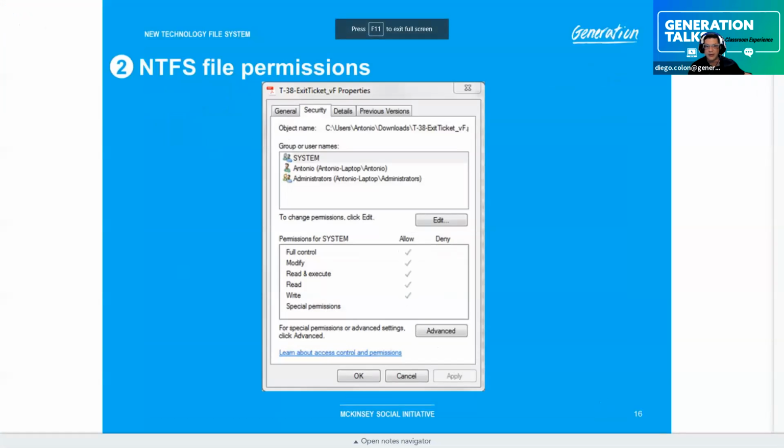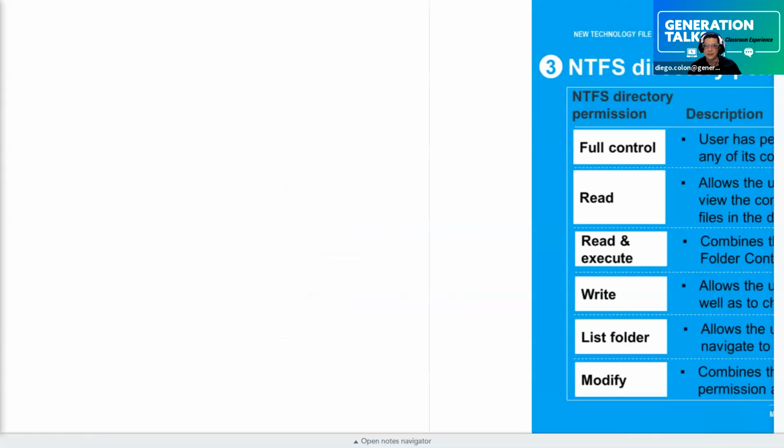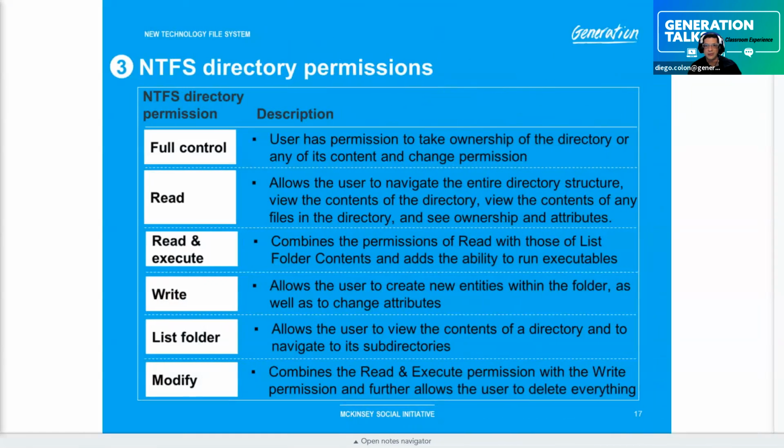All right, enough about Antonio's stuff. We'll go now to the actual directory permissions. It was slightly different. The only little difference is what we're going to see here, which is the list folder itself. So as we saw before, full control allows you to take permission all the way up to ownership of a given folder or directory and its contents, everything below.